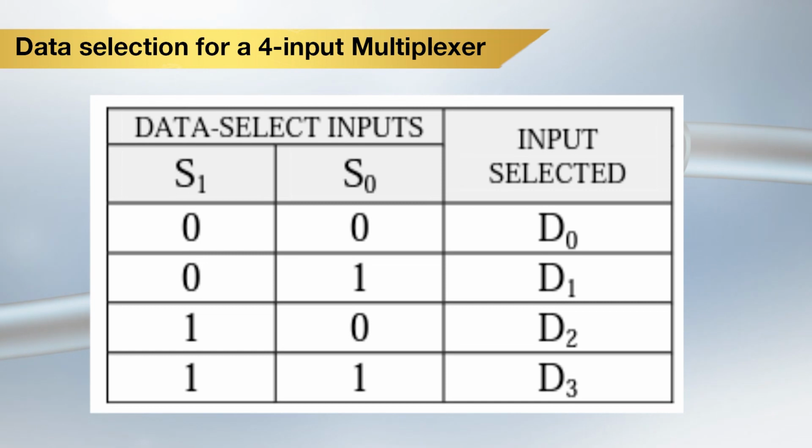There are 2 selection lines, so there will be 4 possible combinations, that is 0 0, 0 1, 1 0 and 1 1, and the input selected data would be, for 0 0 it would be D0, for 0 1 it would be D1, for 1 0 it would be D2, and for 1 1 it would be D3.